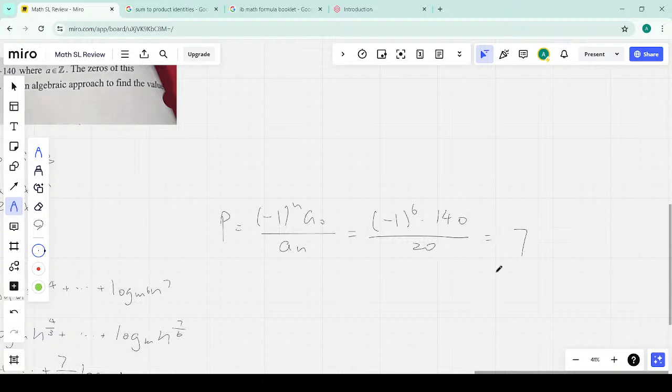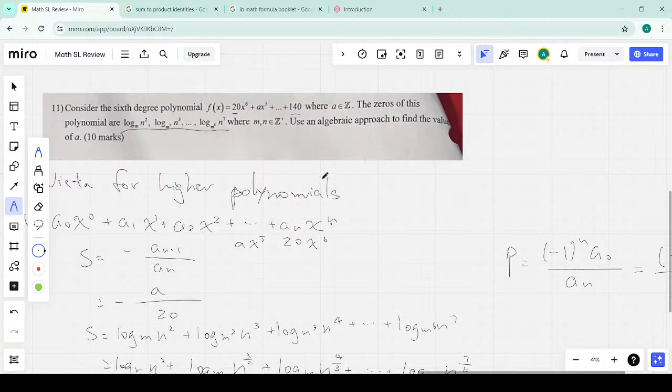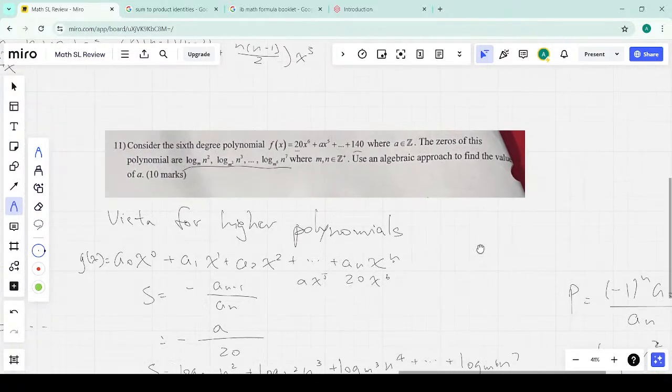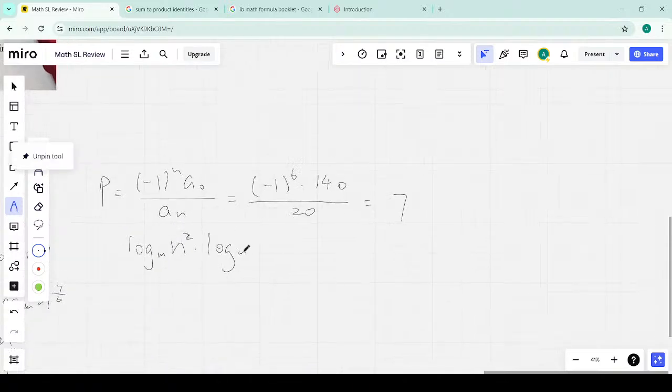This is just 7. And another way we can represent the products is using log mn times log m squared n cubed times log m cubed n to the 4, all the way to log m to the 6 n to the 7.